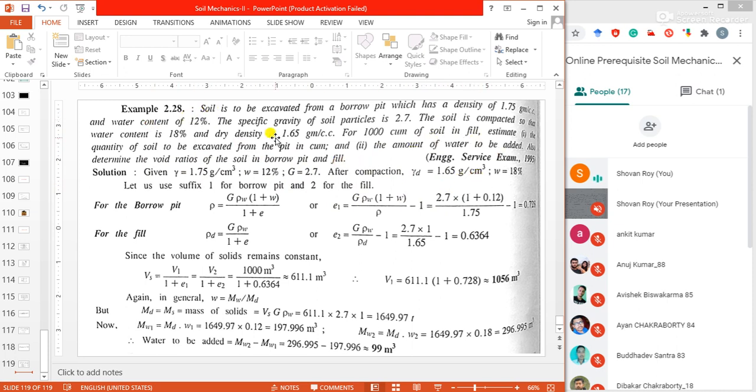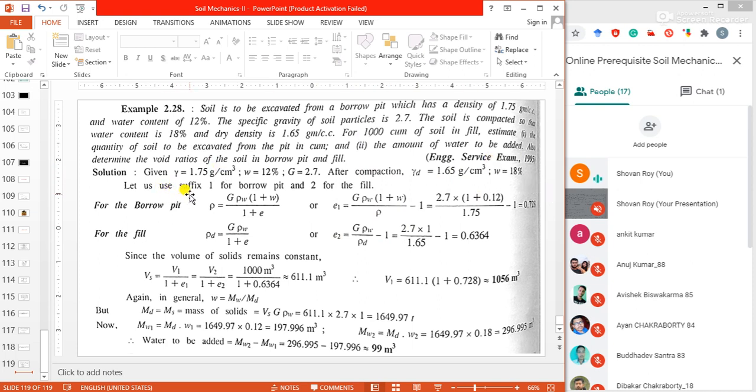These questions were already given in your initial chapters, but now after completion of your compaction chapter, these things become very easy, because now you can understand what gamma d is, and the relation between dry density, water content and bulk density. So after compaction, gamma d is 1.65 gram per centimeter cube, water content is 18%.